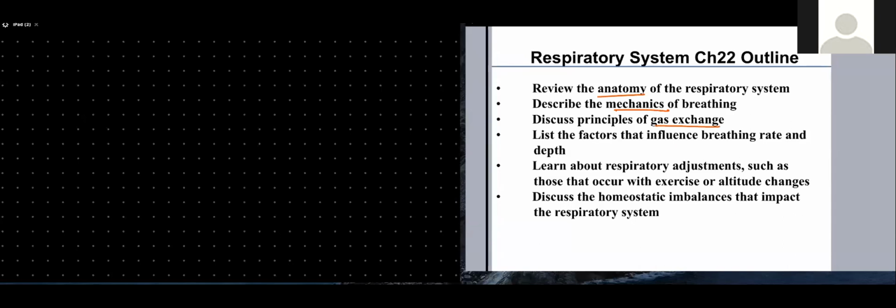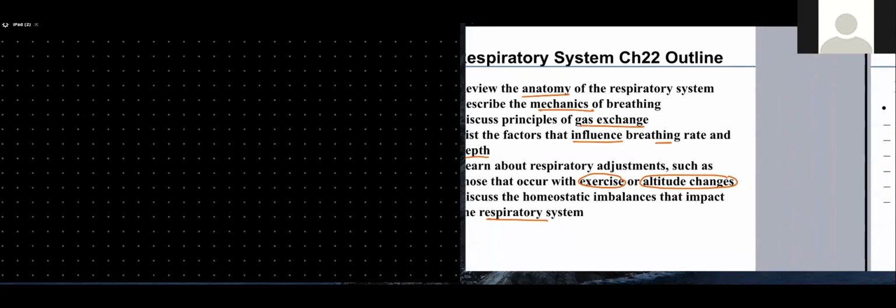We're going to discuss the factors that affect the breathing rate and its depth. Also, we're going to learn about the respiratory adjustments that take place with exercise and change in altitude. We're going to discuss the homeostatic imbalances that impact the respiratory system towards the end of the chapter.